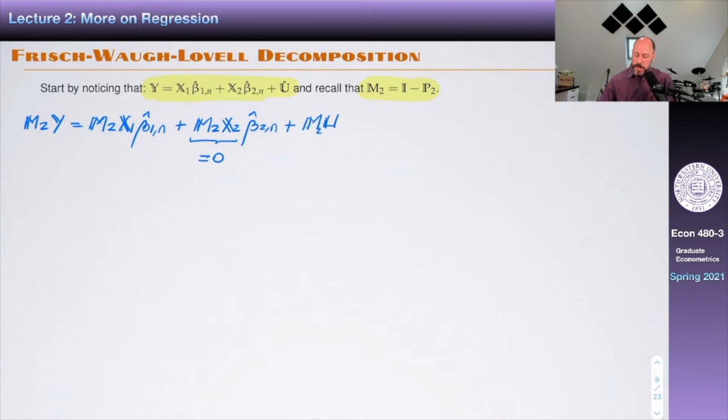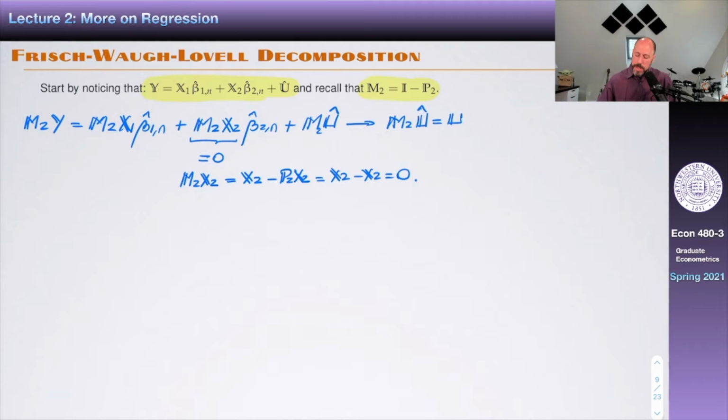And if you don't see it, you can use the expression of this M2 matrix. Recall that it is the identity minus P2, so that is X2 minus P2 times X2. But remember that projecting X2 onto itself just gives us X2. So this is 0. And then here we have M2 times U hat.